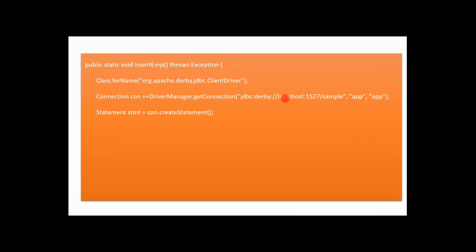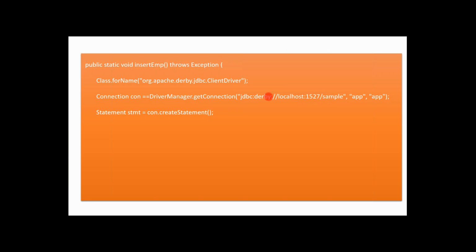Because the database is installed on the same machine, we use localhost. If the database is on another machine, you cannot use localhost. You need to provide the IP address of the server where the database is installed. And then next is the port on which the database is running. The default port on which the Derby database runs is 1527. And then next you have the database name.